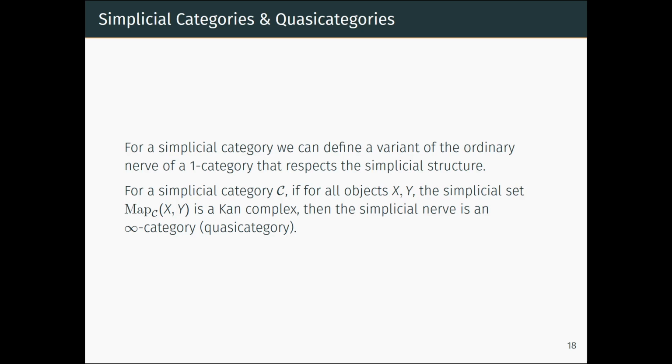And so it turns out for a simplicial category, if for all the objects our Hom spaces are Kan complexes or infinity groupoids, so they're not just any simplicial set, but they are infinity groupoids, then taking this simplicial nerve is an infinity category in our quasi-category sense, and everything turns out to be really nice.